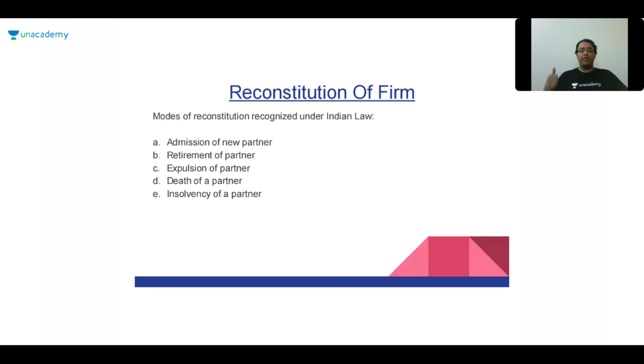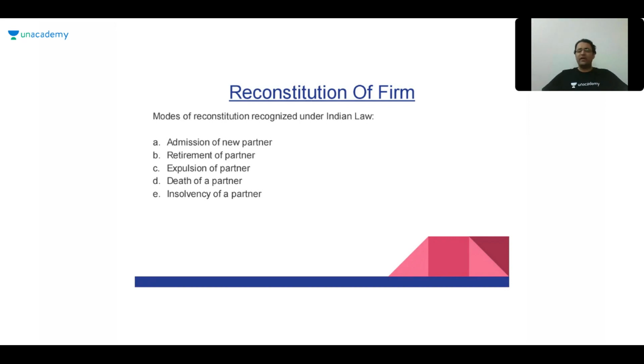Point number two, D should be eligible and have the capacity to contract. That means he should not be a minor, a person of unsound mind, a convict, or expressly declared as a person disqualified to enter into contracts. If this condition is fulfilled, then D can be taken into the partnership.